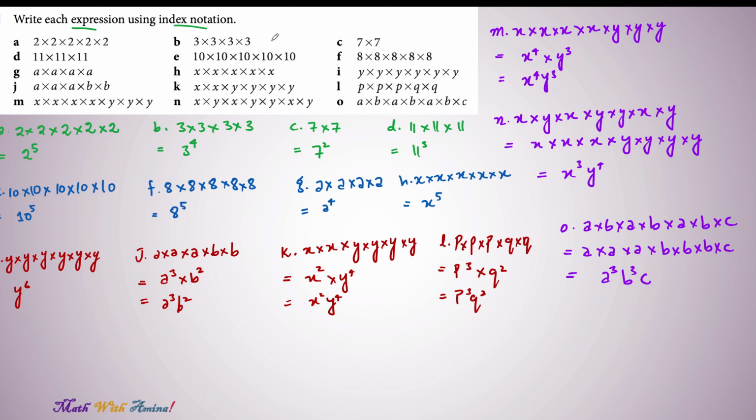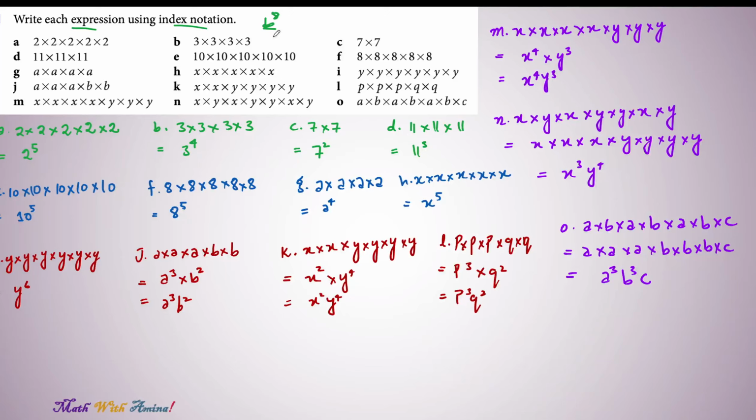There are two things we need to consider. The number being multiplied is called the base, and the number of times it's multiplied is the power or the index. Let's say a number is multiplied by itself 8 times, so the index will be 8, and the number itself will be the base.